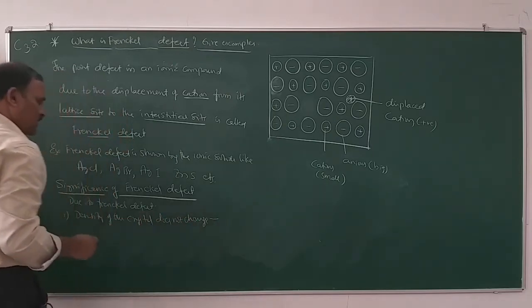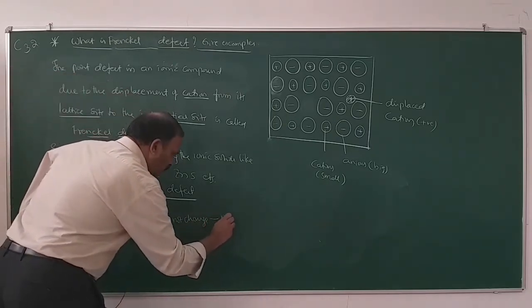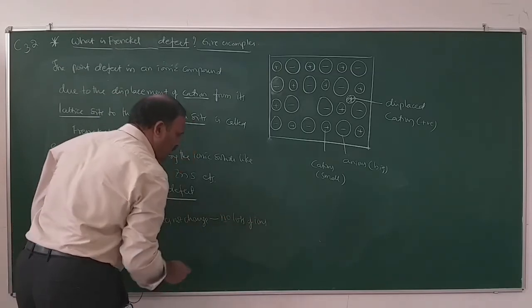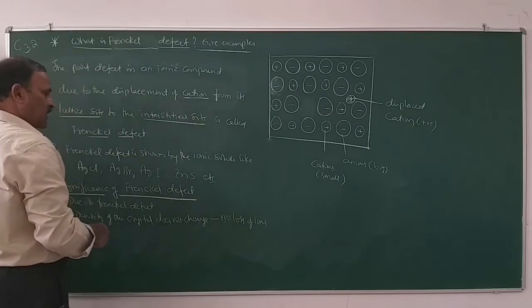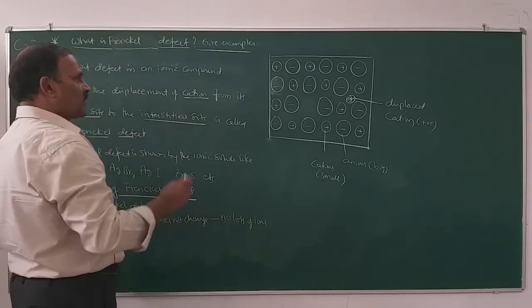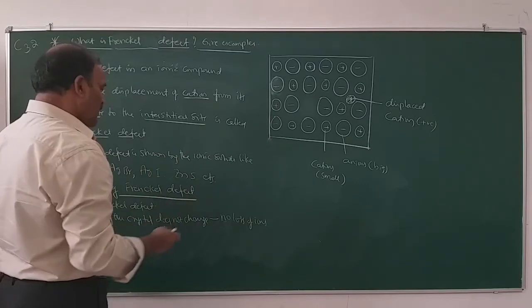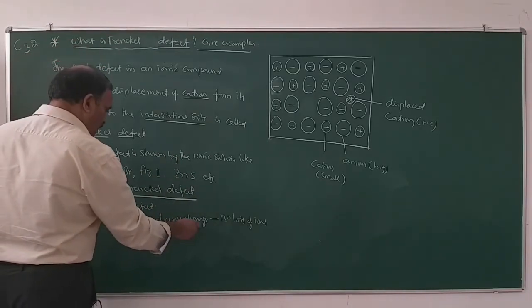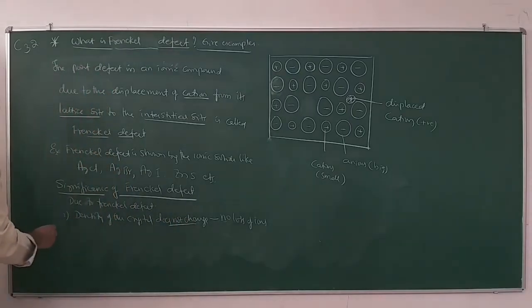Why does it not change? Since there is no loss or missing of ions. Here ions are displaced from one place to another place. There is no loss of ions, therefore the density of the crystal does not change.